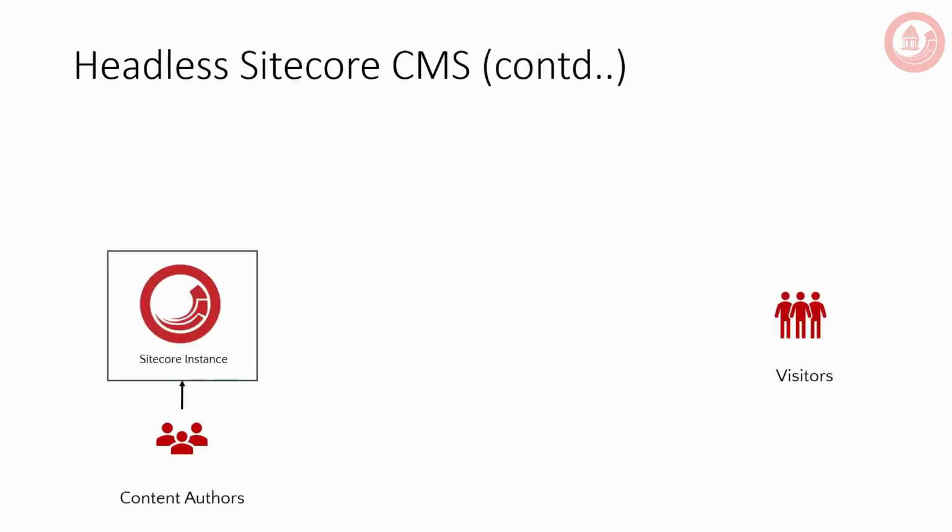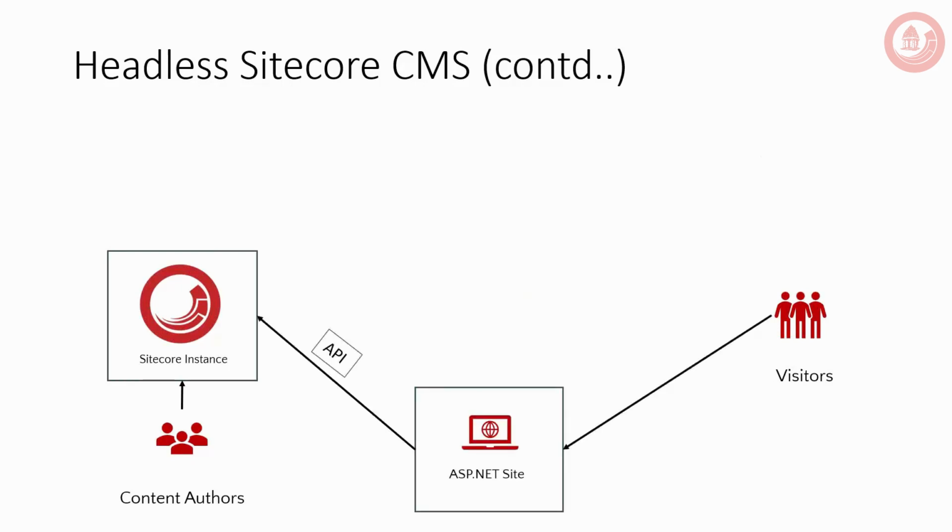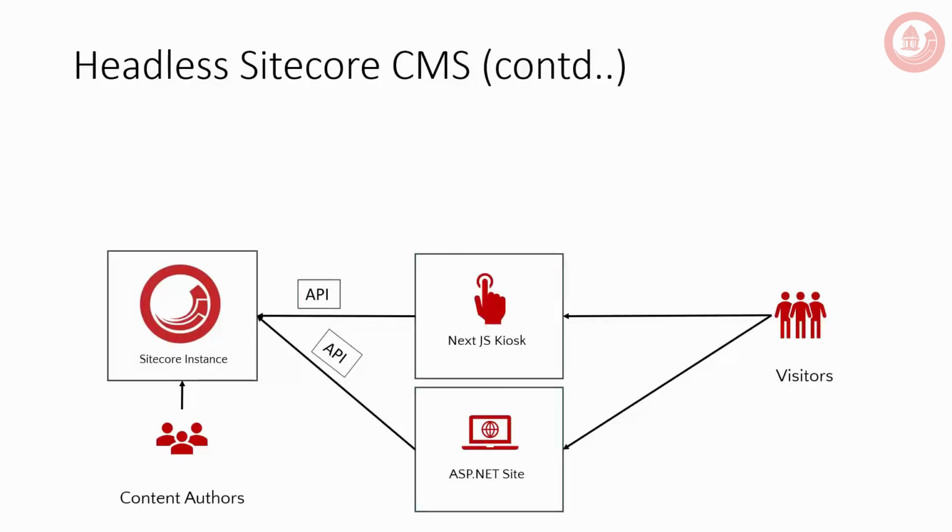So how does it scale? Your Sitecore instance is one, it is sitting there. For your visitors, you can build an ASP.NET site and it is consuming that content through APIs. Maybe you build some kiosk, like we recently built one kiosk machine, some website.